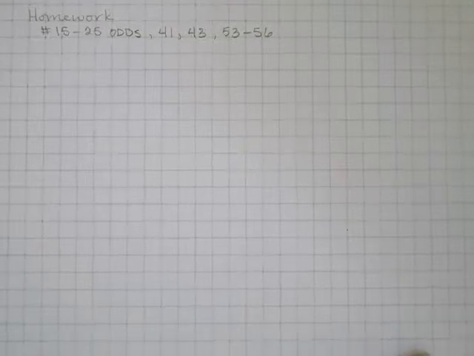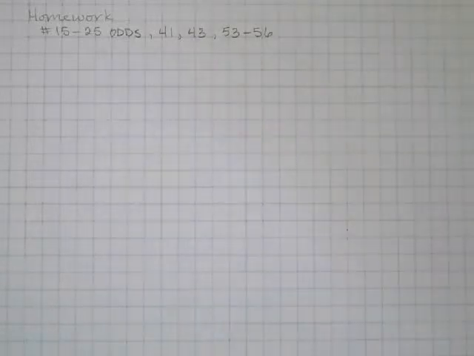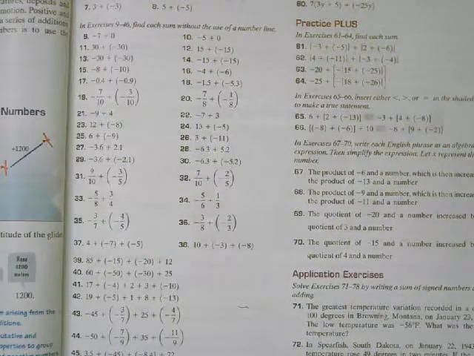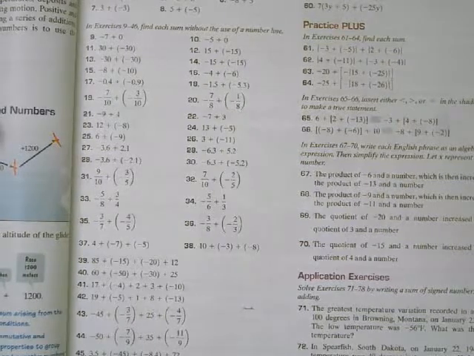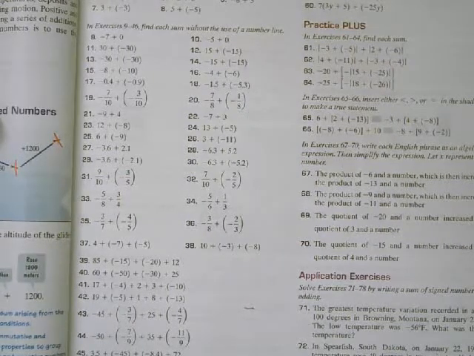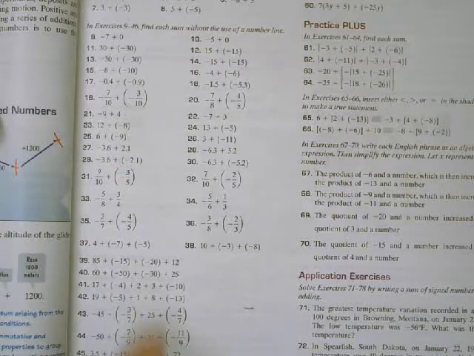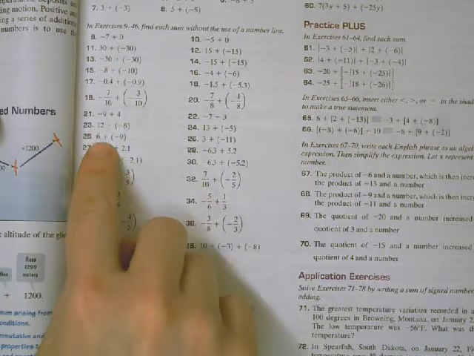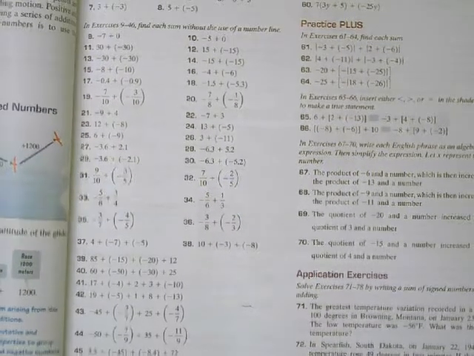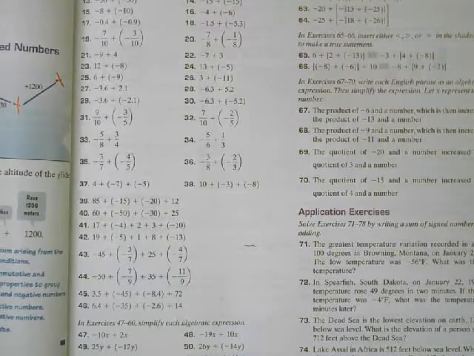So I'm going to go ahead and put the homework page up here. If you don't have the book, you can just copy those down, pause it, and copy those down. So you have 15 through 25, so we're looking at all those right there. I'm going to scoot you down just a little bit.